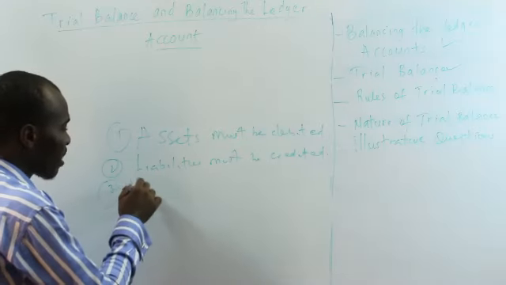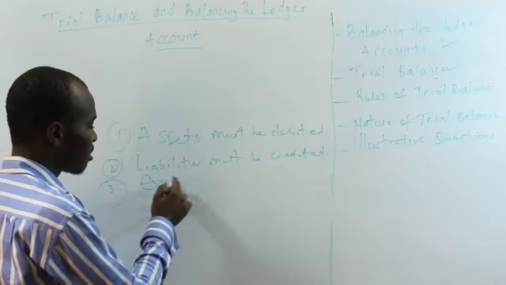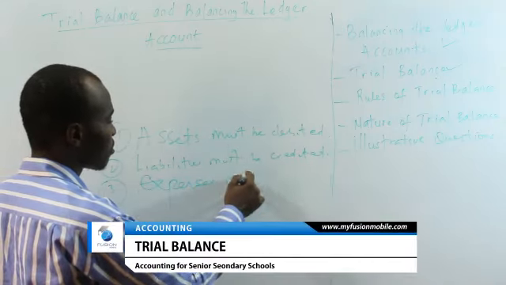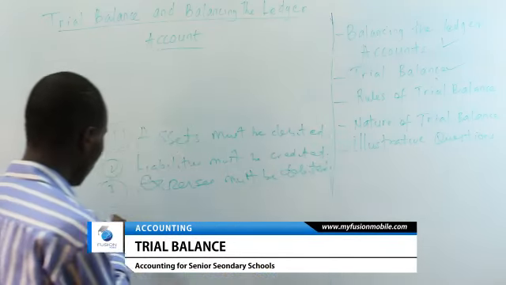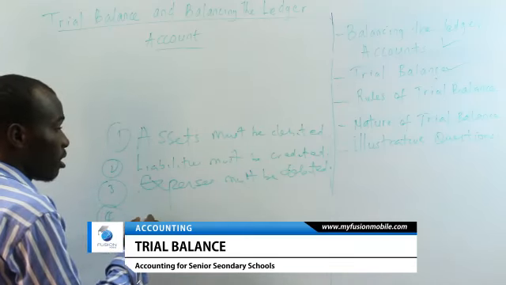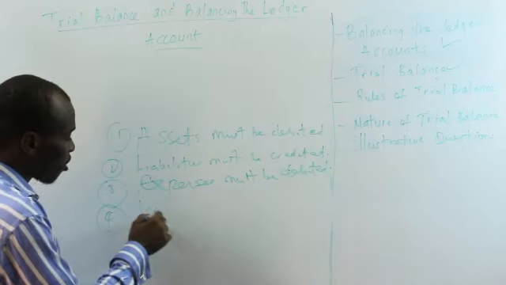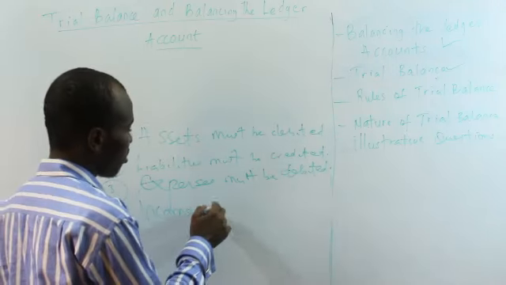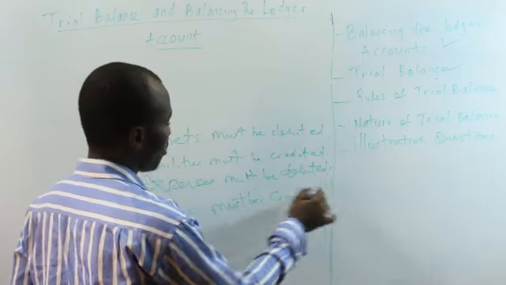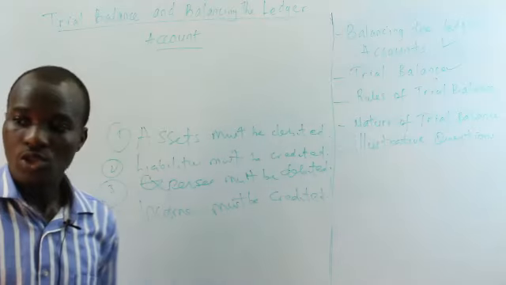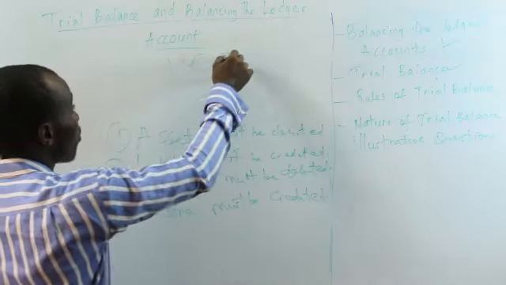Number three is all expenses or loss must be debited, while also income or gain must be credited in the book. That is the rules of the trial balance. So we can take this abbreviation as the rules of the trial balance also.